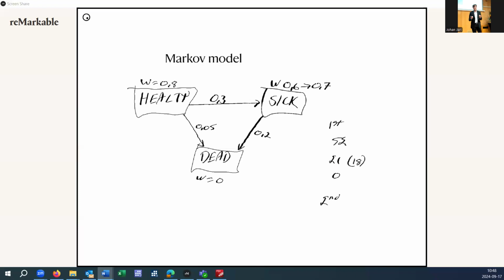And in the second, we get in the healthy health state 34 QoLs. In the sick health state, we get about 31. It used to be 26. And in the dead, we get 0. This totals to 138 QoL. It used to be 130.